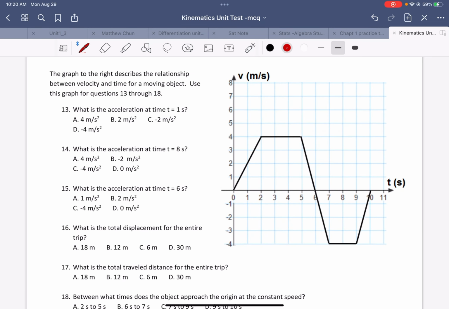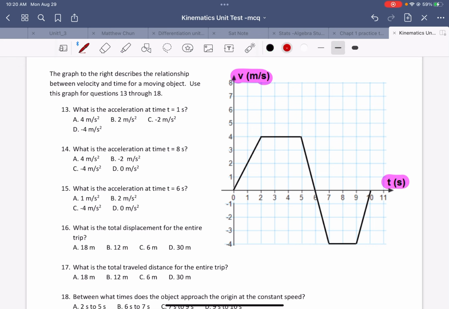Now, the graph to the right describes the relationship between velocity and time for the moving object, and use this graph for questions 13 through 18. Number 13. What is the acceleration at time t? You have to notice the previous one was position, but this time it's v versus time. So the slope of this graph will be acceleration.